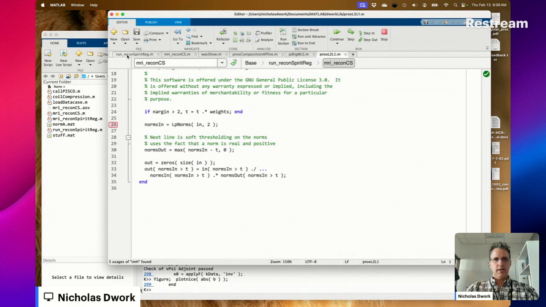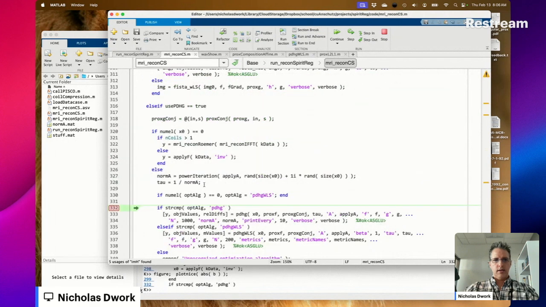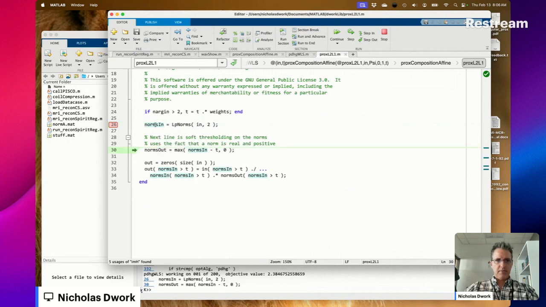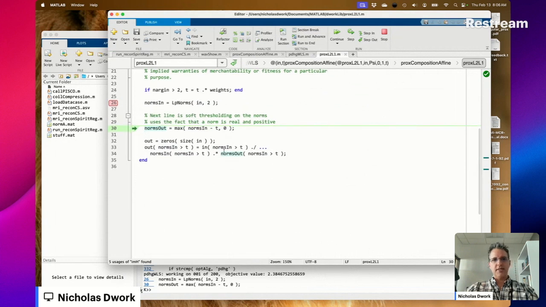Wait. Norms in is 256 by 256 by 8. Right, in is 256. Norms in is 2. Okay, this is the issue here.